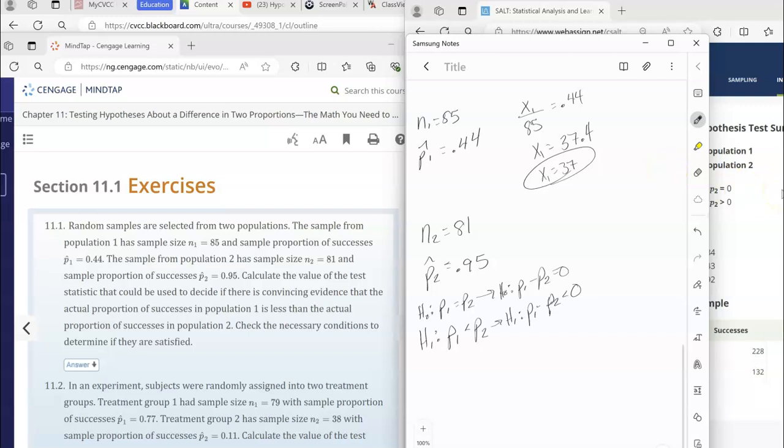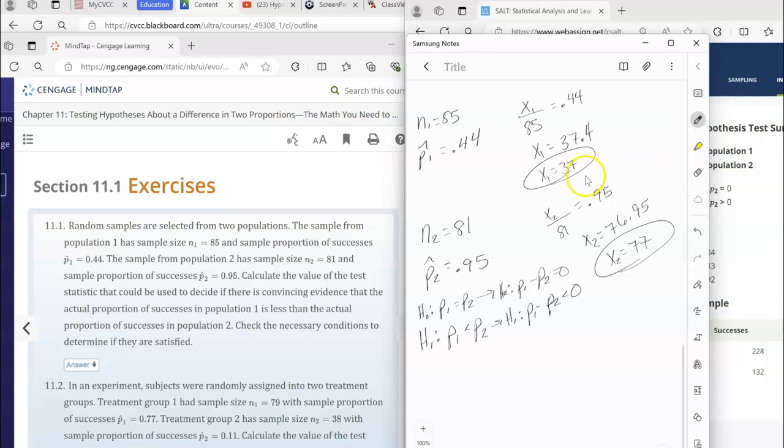We're going to do the same thing here. x over 81 is equal to 0.95, so 0.95 times 81, and I got x2 to be 76.95. So let's go with 77, rounding.